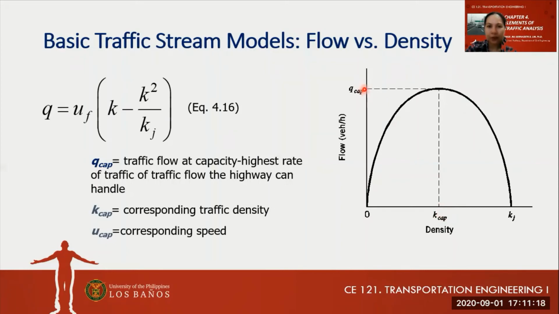When the traffic flow is at the highest rate or capacity of the highway, then the density is at the corresponding traffic density. So notice also here that when the flow is over the capacity, then the density goes to the jam density. Now, this is the formula for the relationship between the flow and the density.